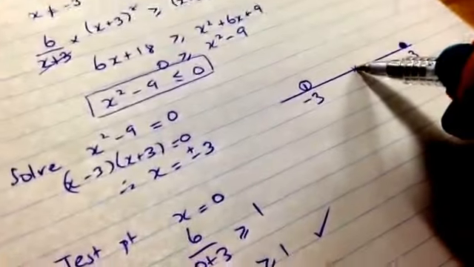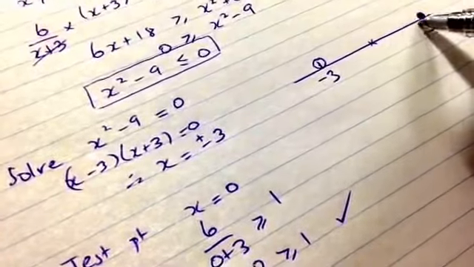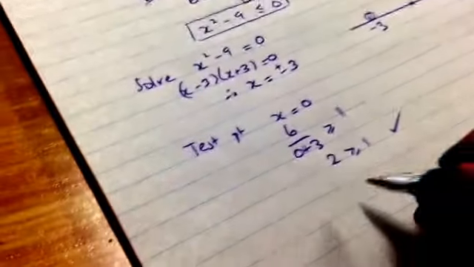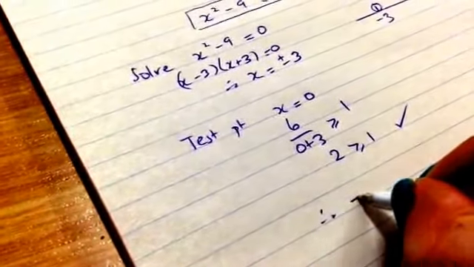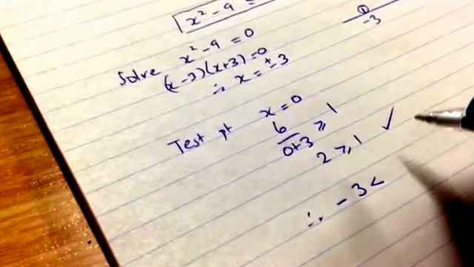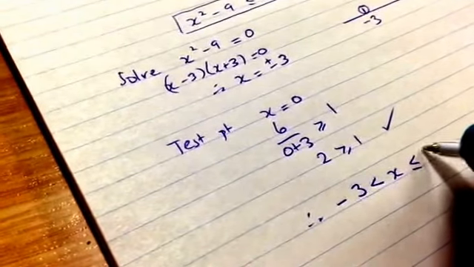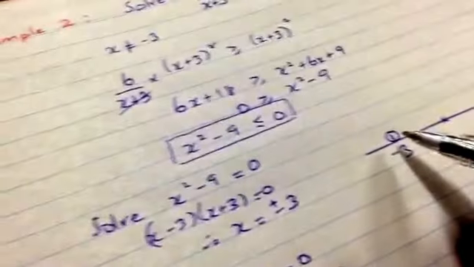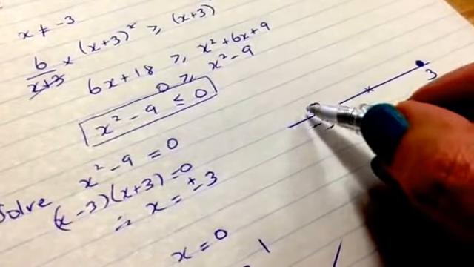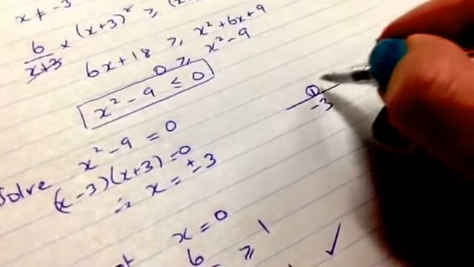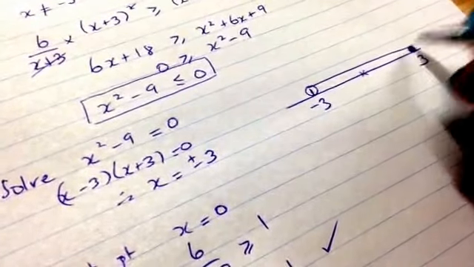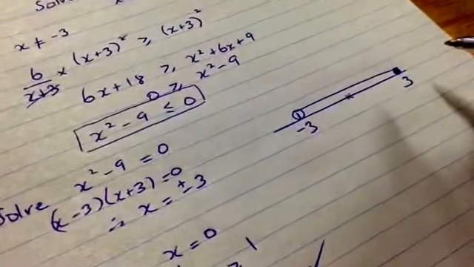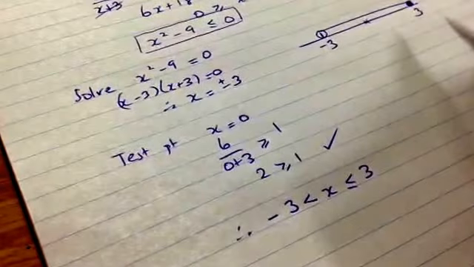That means where I took the test point, all those values in between are true. So you just simply conclude that therefore minus 3 is less than x, which is less than or equal to 3. It's minus 3 is less than x, not less than or equal to, because it's an open circle. And it's less than or equal to 3 because that's a closed circle. So there's your solution to that one.